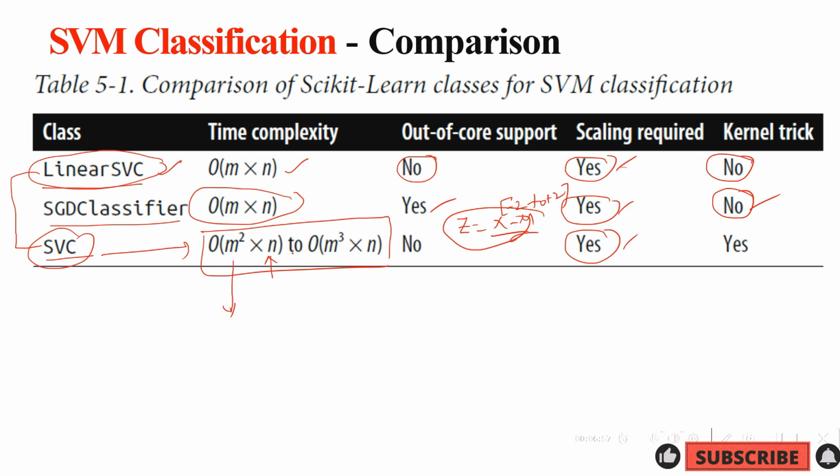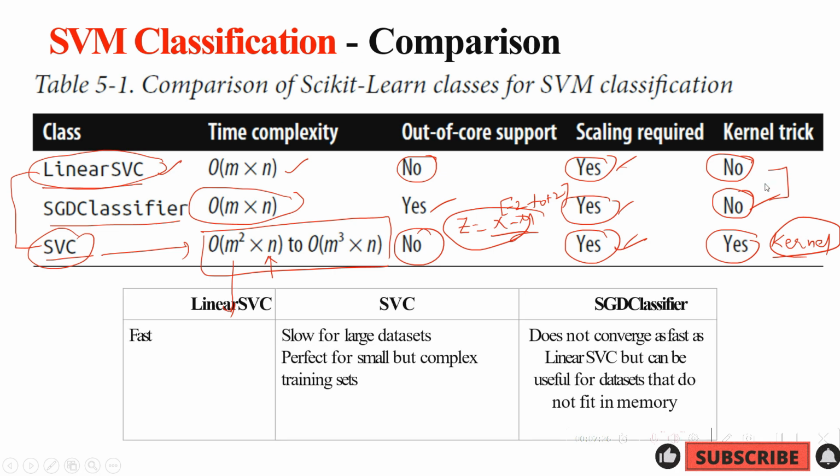It does not support out-of-core learning, and it requires scaling. The SVC supports the kernel trick. Only SVC supports the kernel, and the remaining two do not. That is very important.